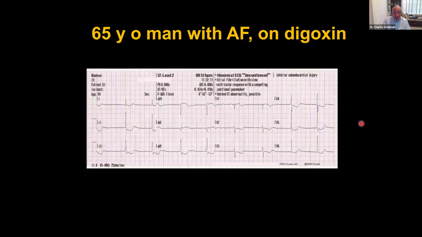All right, here is a 65-year-old man who has atrial fibrillation, for which he was given digoxin in order to slow his heart rate. He still has atrial fibrillation. He doesn't have any P waves. He has a slow heart rate. Let's see, 300, 150, 100, 75, 60.